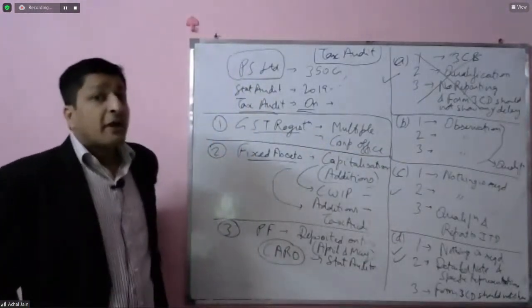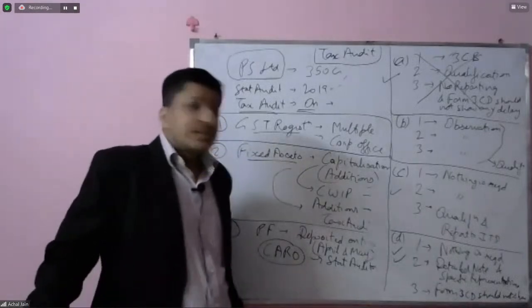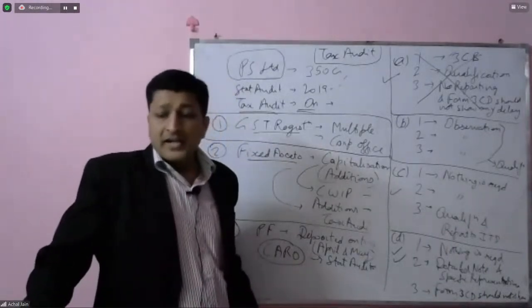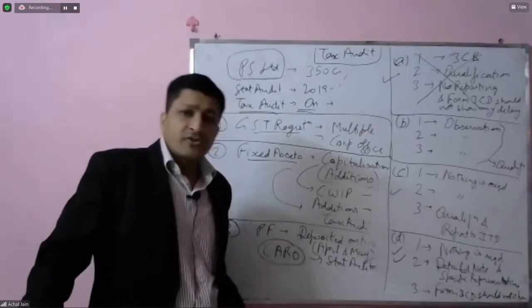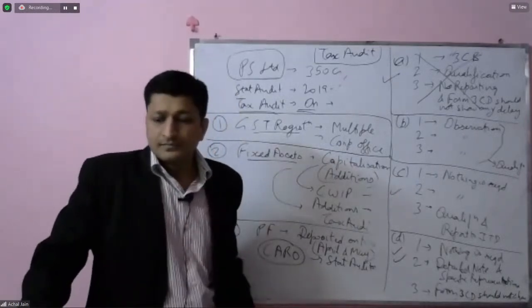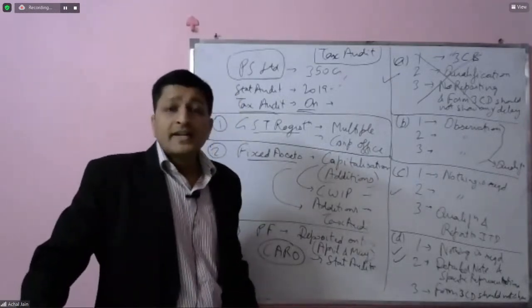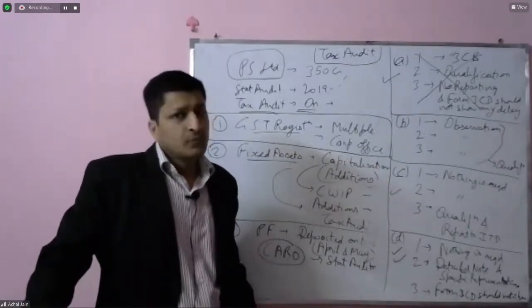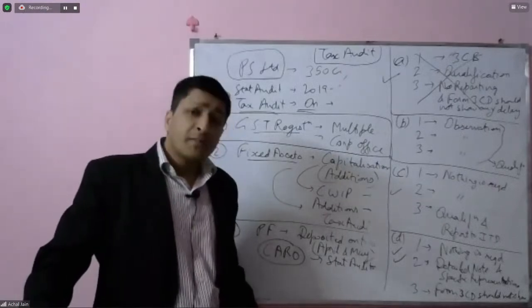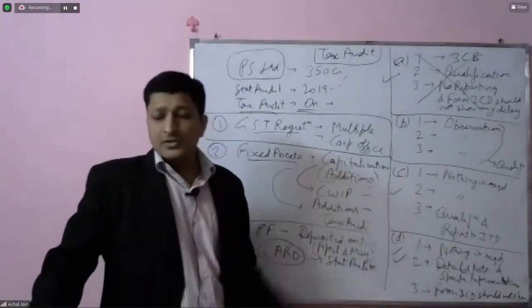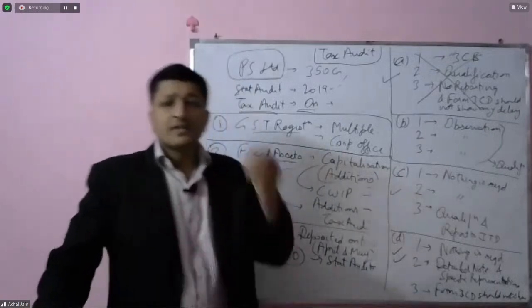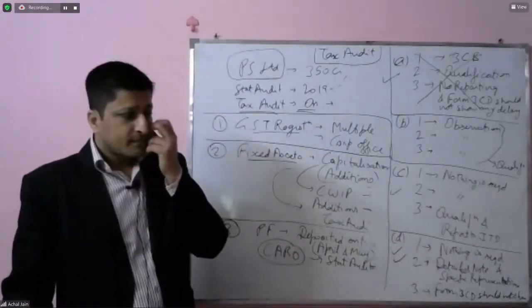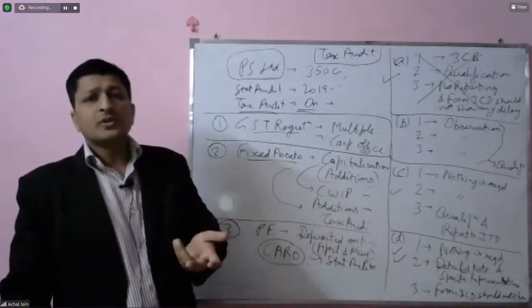If you look at the requirements of the clause in Form 3CD, it says that all the registrations are required to be captured. Does it give any option to give the registration number or not? No. And if the management, let's suppose, has got multiple registrations, let's suppose they've got 20 registrations, what is the problem in showing the registration number?